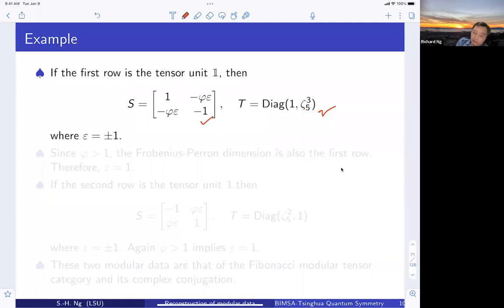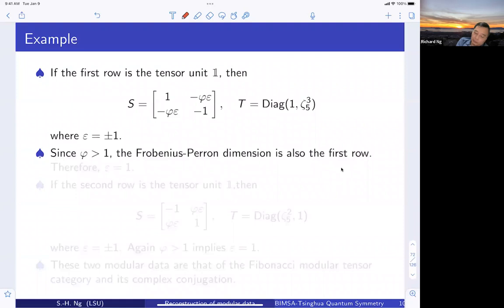But then there's something called the Frobenius-Perron dimension. Because the first row is my dimension row, the Frobenius-Perron dimension row corresponds to the dimension row in which the T-entry is a unit, I mean an invertible algebraic number, and the absolute value is less than 1.